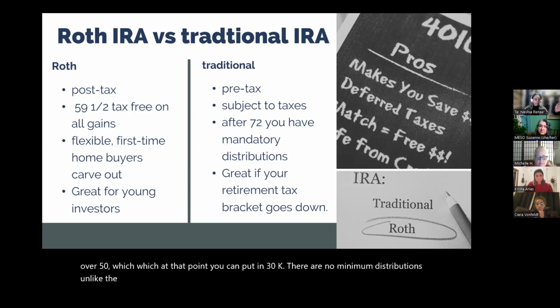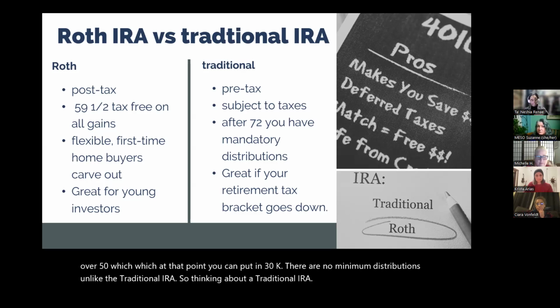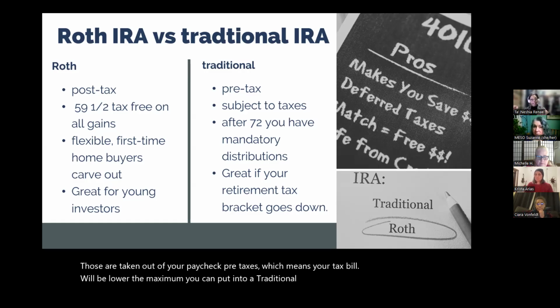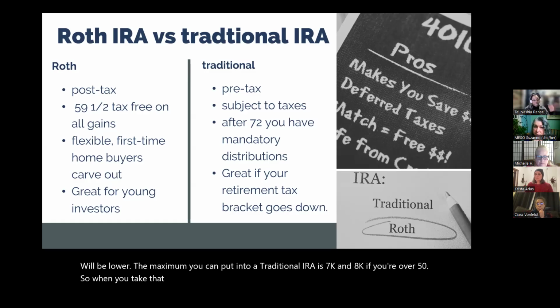Thinking about a traditional IRA, those are taken out of your paycheck pre taxes, which means your tax bill will be lower. The maximum you can put into a traditional IRA is 7K, and 8K if you're over 50. When you take that money out after the age of 59 and a half, you will have to pay income taxes on it.